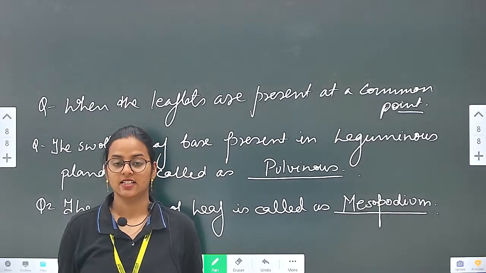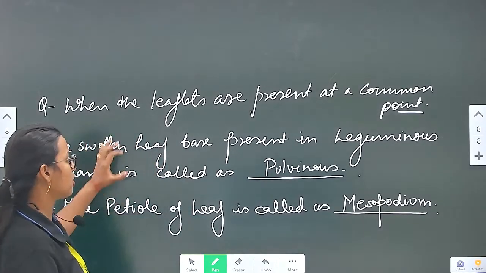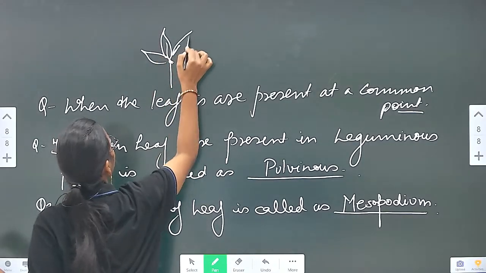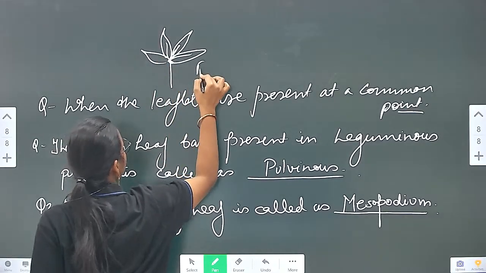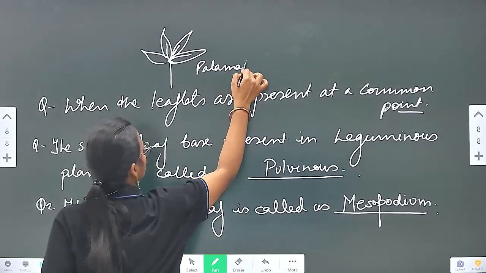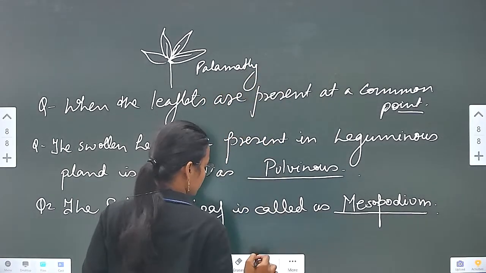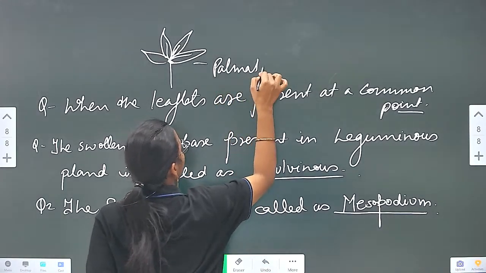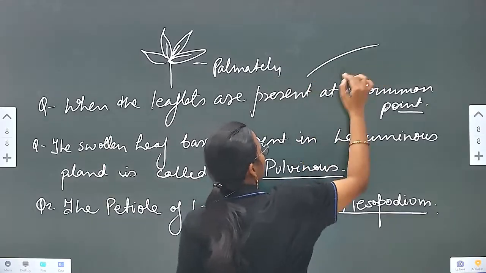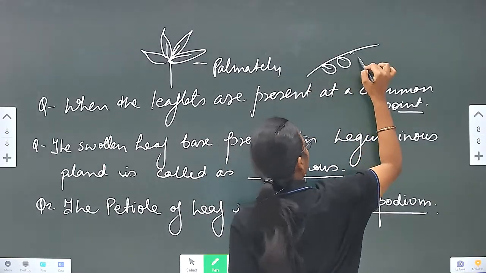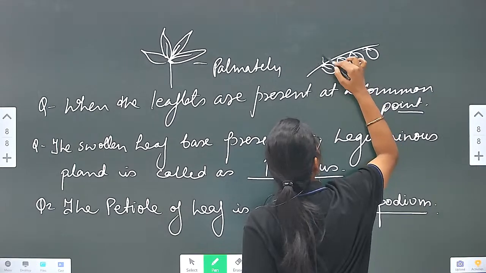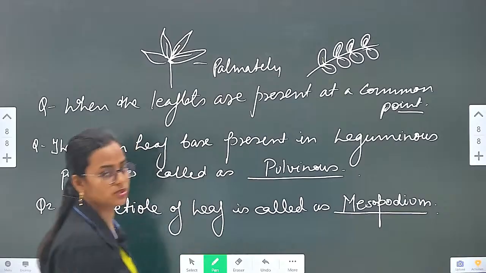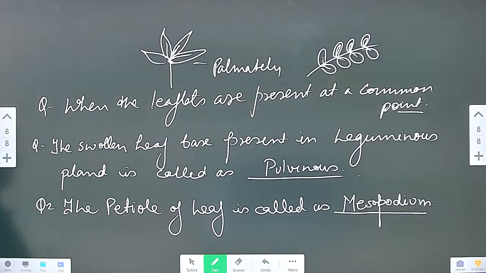Yes, when they are present at a common point like this, then it is called palmately compound. And when they are present on both the sides like this, then it is called pinnately compound. Is that clear, my dear students? So that's all about the quick recap.